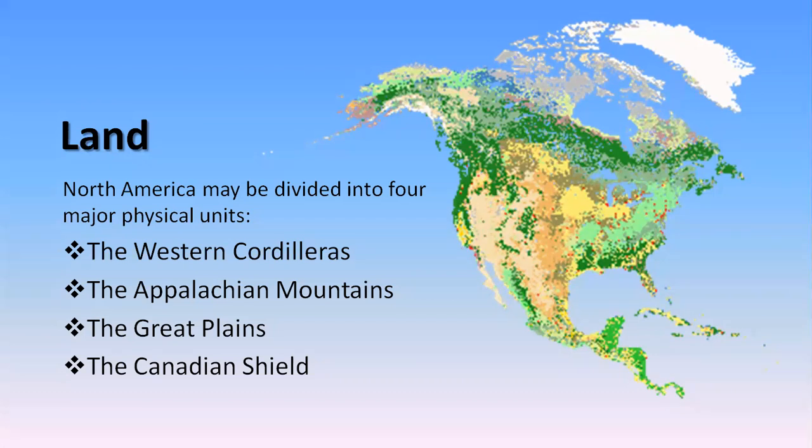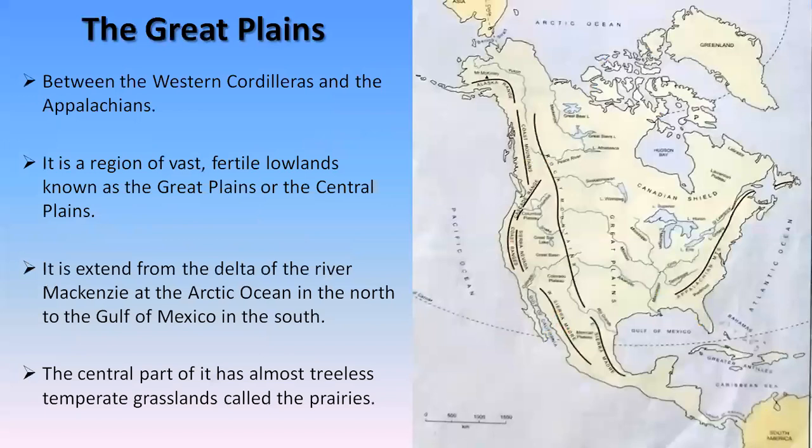So next we are going to look at the Great Plains. Where is this Great Plains residing? We can find the Great Plains between the Western Cordilleras and the Appalachian mountain ranges. Just see the map shown on the right side of the screen.